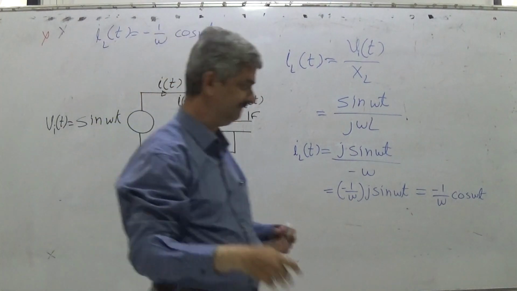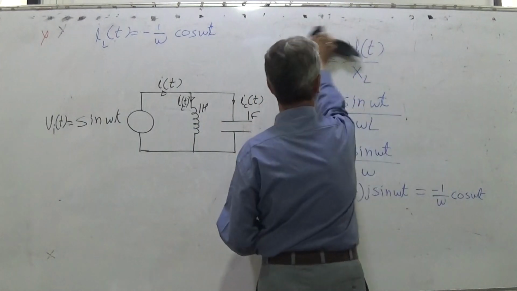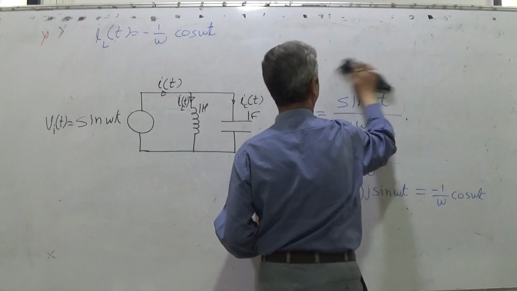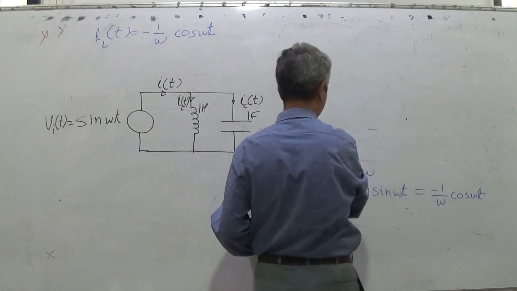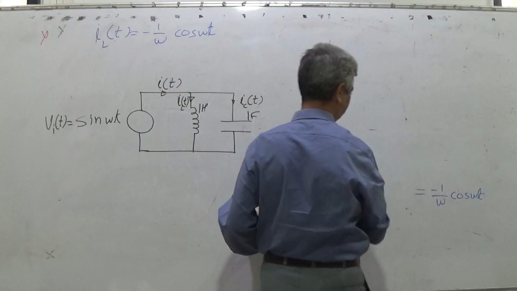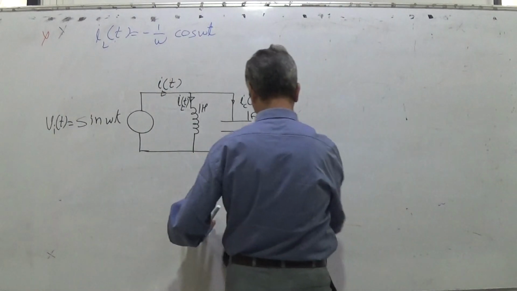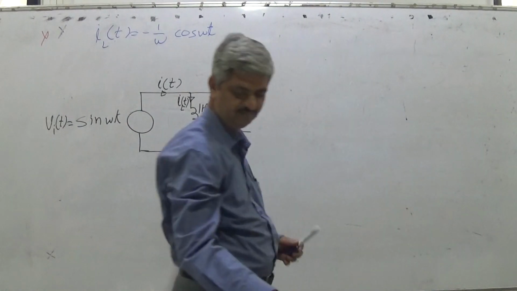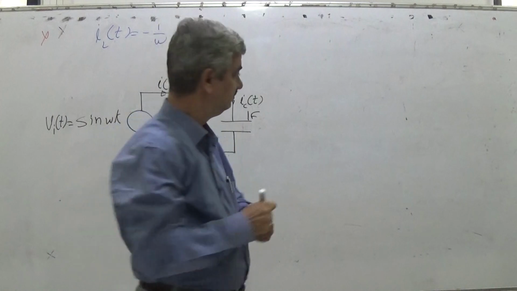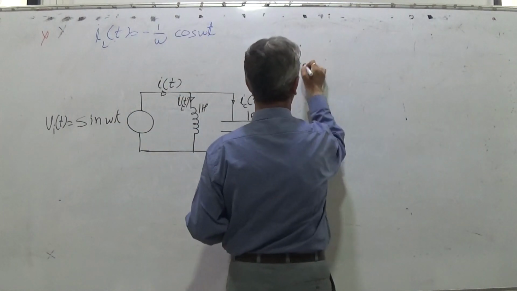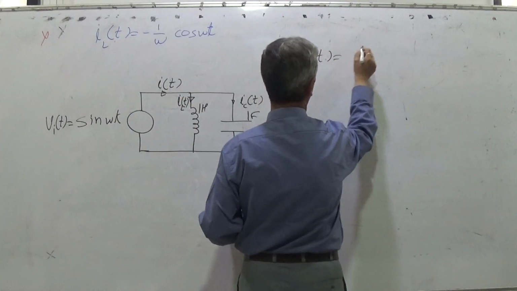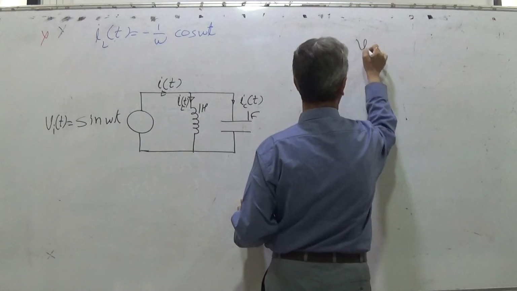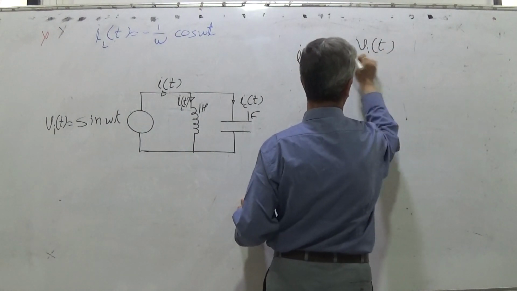What is ICT? ICT is equal to V in T upon XC. I write all steps, I don't skip any step.